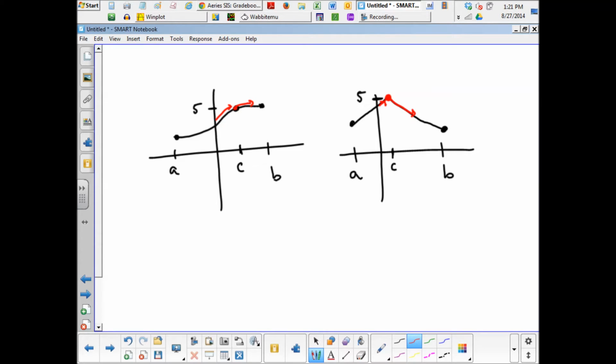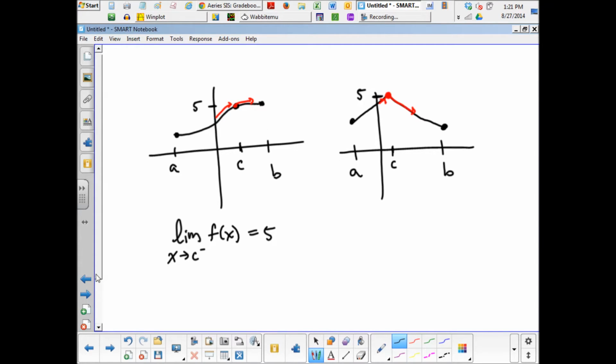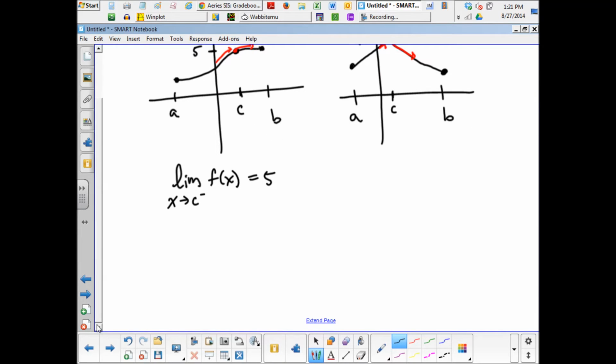Well, you'd write it like this. To describe the fact that you're coming in towards 5, you would write: the limit as x approaches C from the left is 5. And when you actually get to C, it's 5. That's written f of C equals 5. That's how you write that in math.